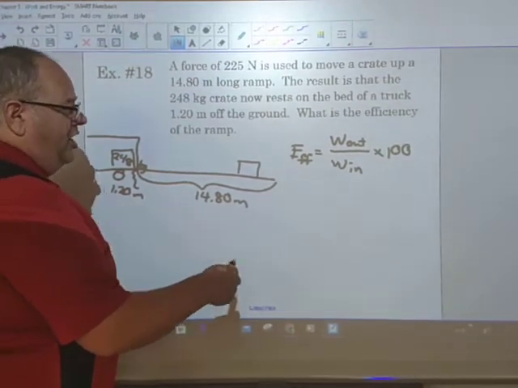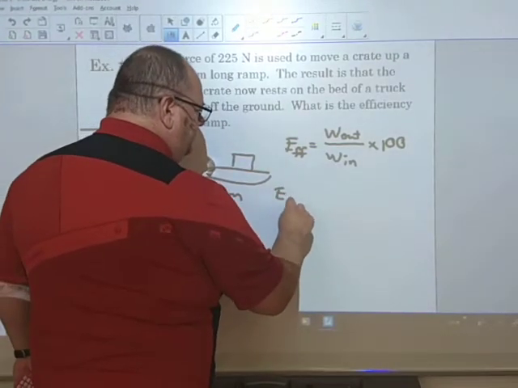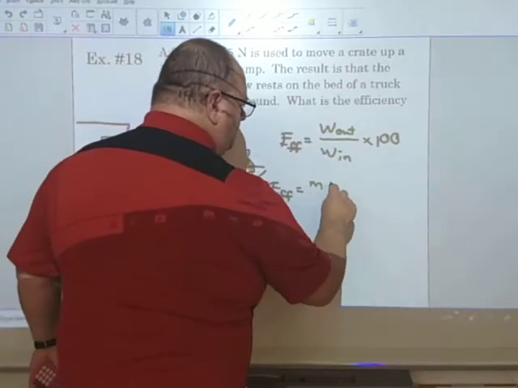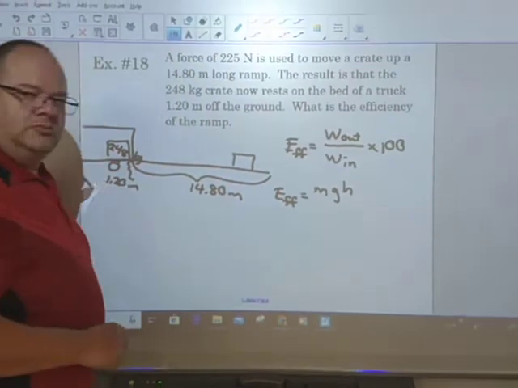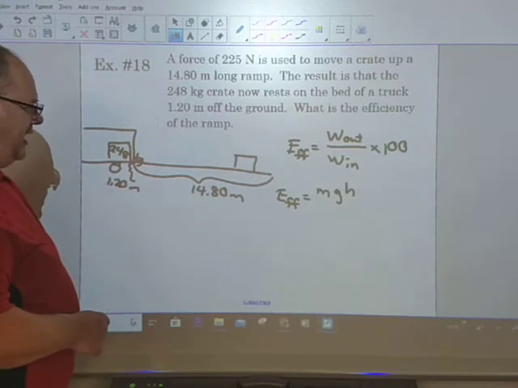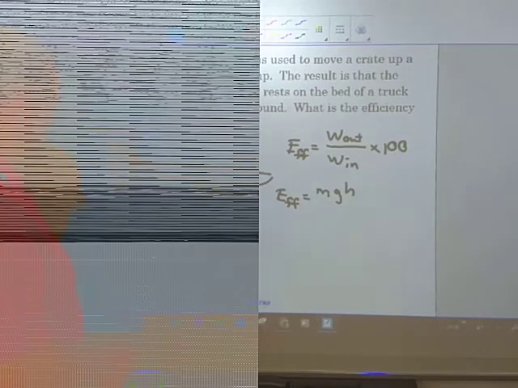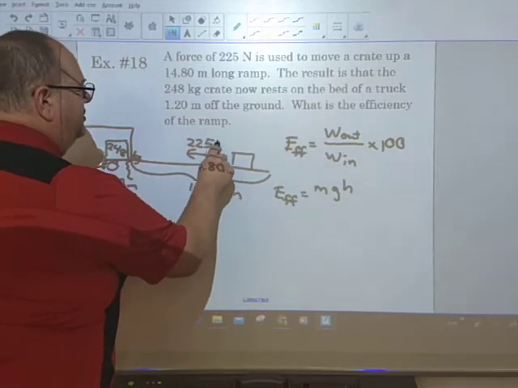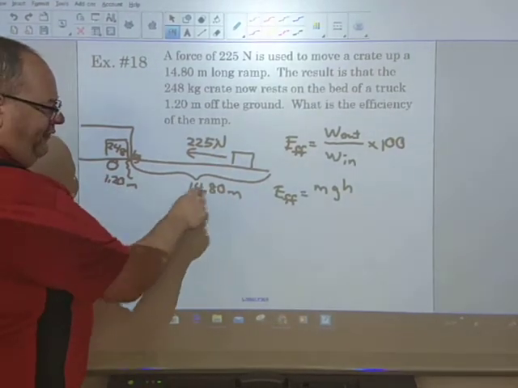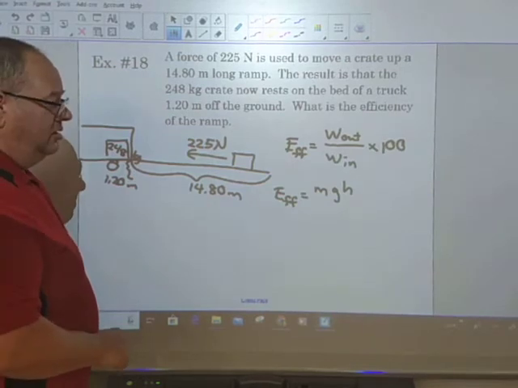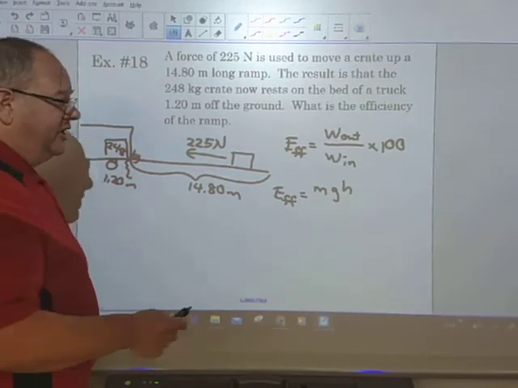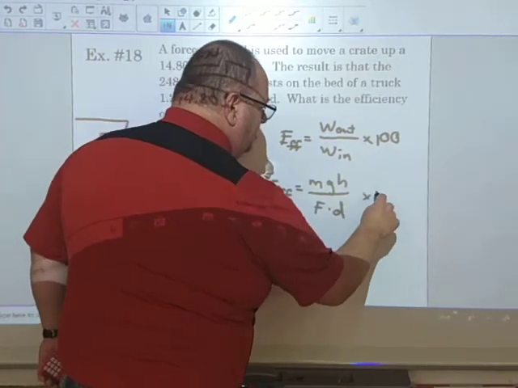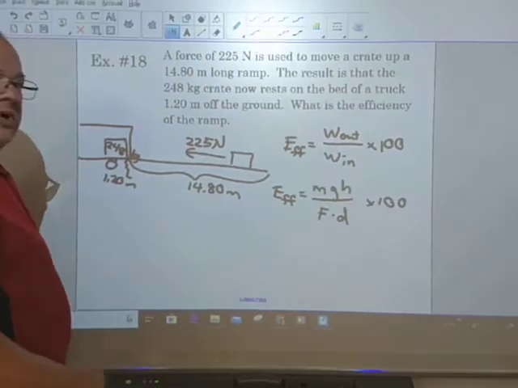So that could be our energy output, and that would be mgh, potential energy. Work input, well, I applied a force of 225 newtons over that distance right there. So that fits my work calculation, where work is force times distance. So I take that whole ratio times 100.